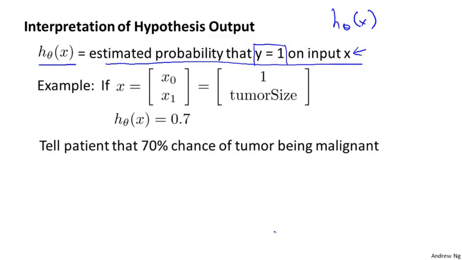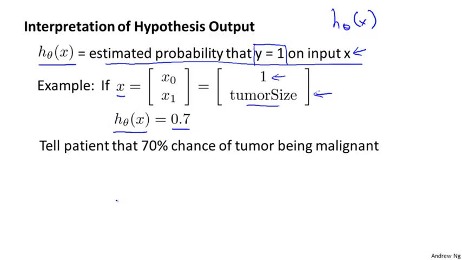Let's say we're using the tumor classification example. So we may have a feature vector x, which is x0 equals 1 as always, and then our one feature is the size of the tumor. Suppose a patient comes in with some tumor size, and I feed their feature vector x into my hypothesis, and suppose my hypothesis outputs the number 0.7.